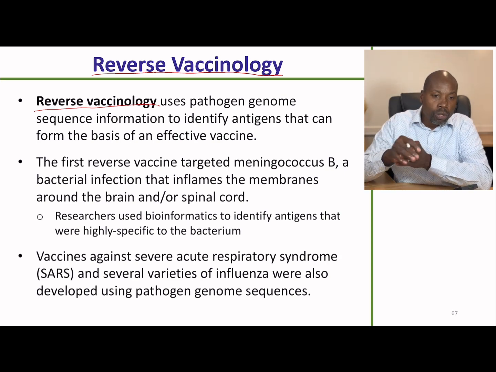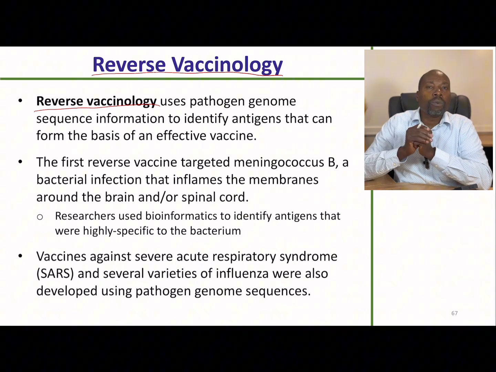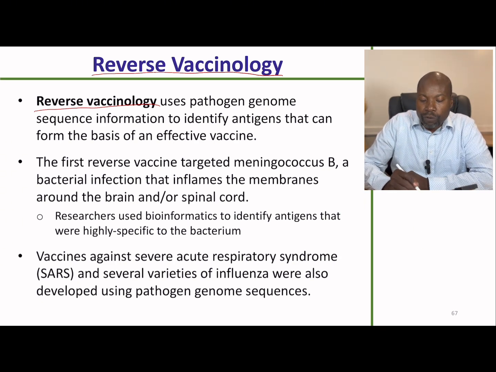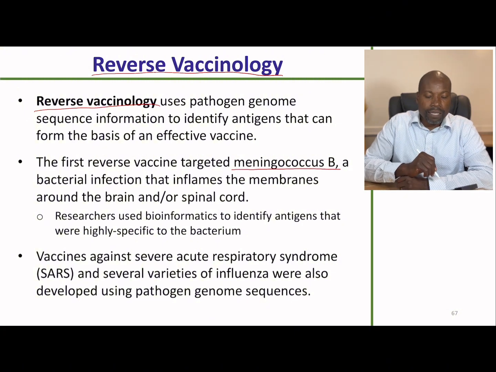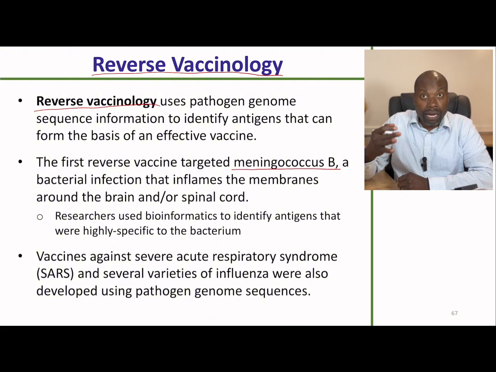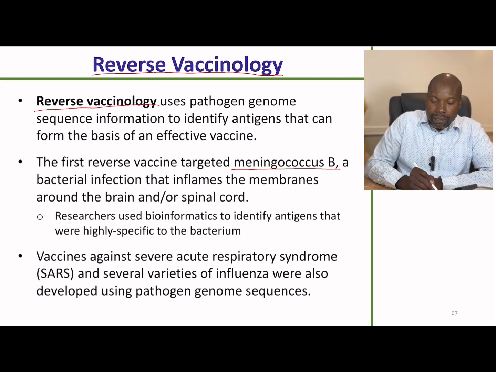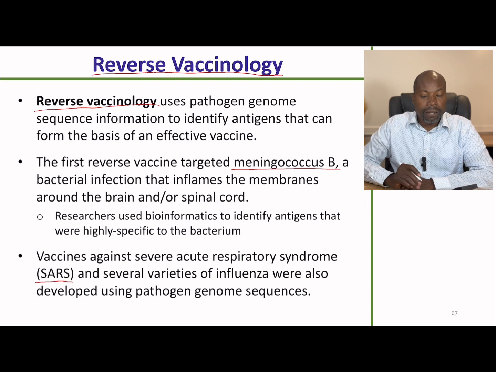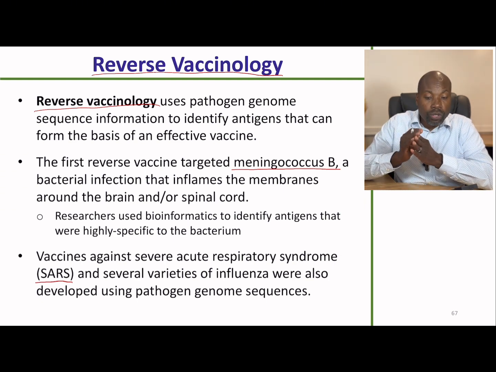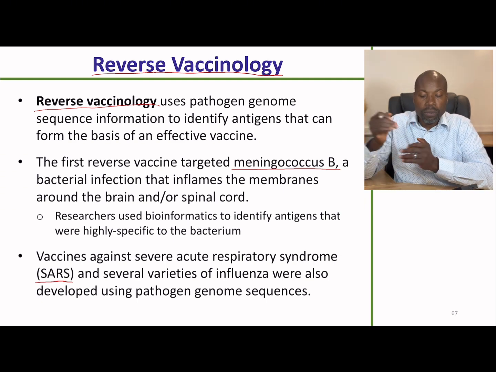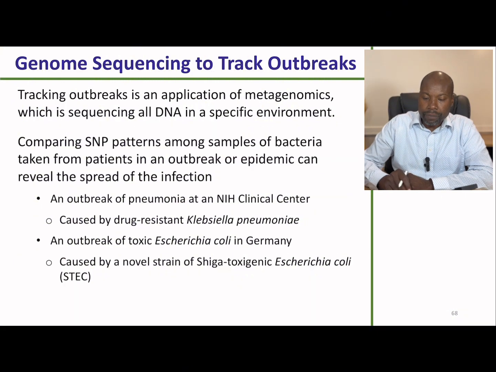I'm not going to develop the details, but some of the work that has been done is, for instance, to produce a vaccine against meningococcus, what we call the meningococcal vaccine. And also another vaccine is the SARS vaccine, which were produced based on the genome.